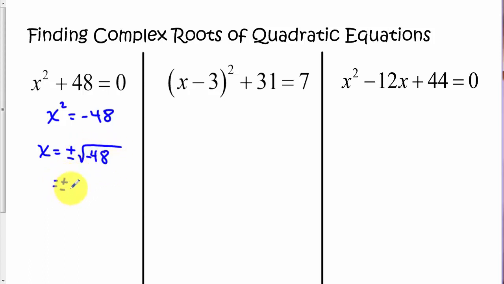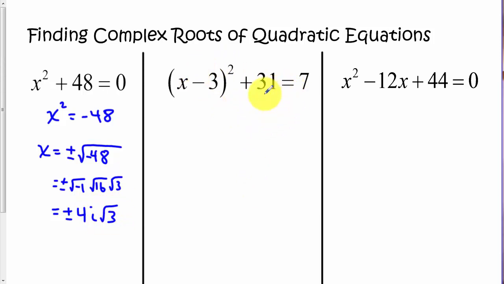So we get square root of negative 1, which is going to be i, and 48 is divisible by the perfect square 16. So we've got the square root of 16 and the square root of 3, and this is going to become plus or minus 4i square root of 3, so 4i radical 3.